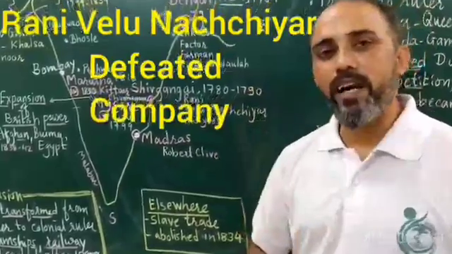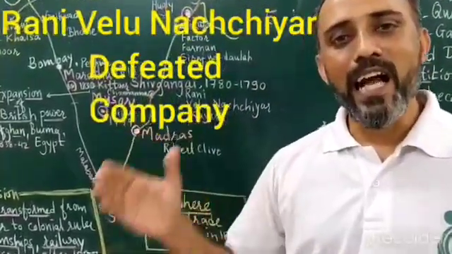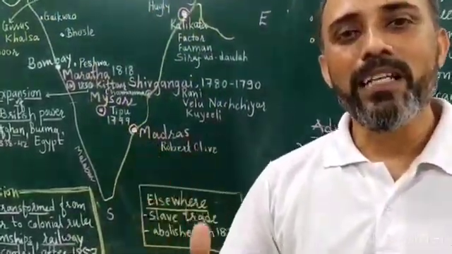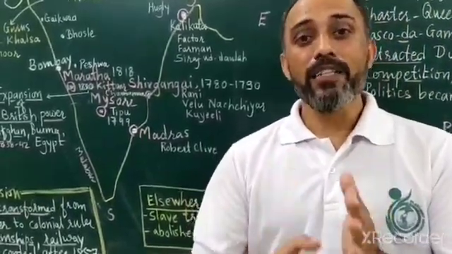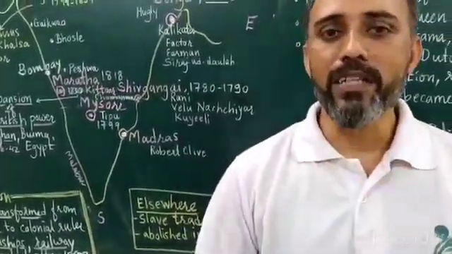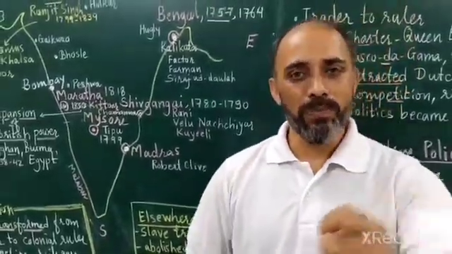From 1780 to 1790, Rani Velu Nachiyar remained the ruling queen of Shivagangai, and this was a big threat posed by a woman ruler to the British.